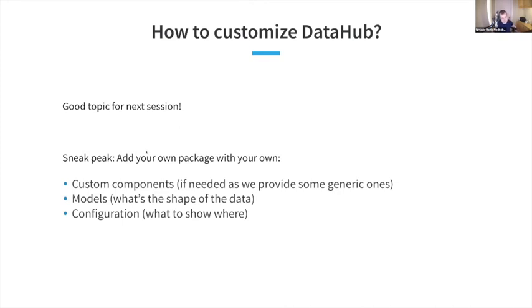Just a sneak peek: what you need to do is, as I said, create your custom components inside that entities package, or you can create your own models and pass the configuration, which is the render props, and you should be done, right? Of course, it's not as simple as that, but an overview is something like this.